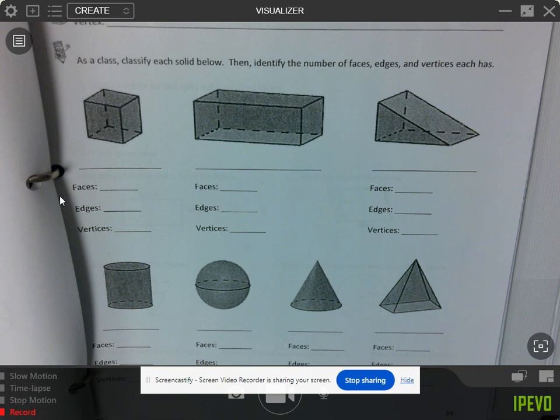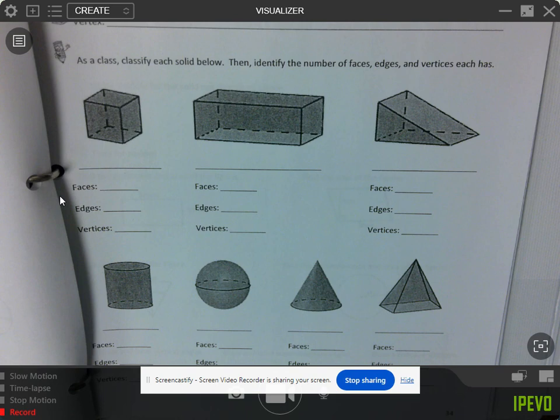The triangular prism, faces, edges, vertices. The cylinder, the sphere, the cone, and the pyramid. You should have these all written out on your objective page because we did it together as a class, so I am not rewriting it. You need to write down the names of each of these solids so you can classify correctly on the test.